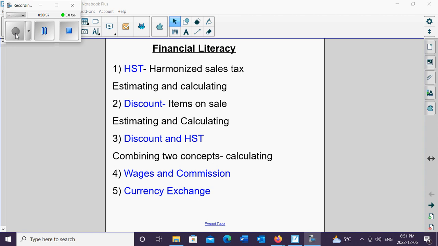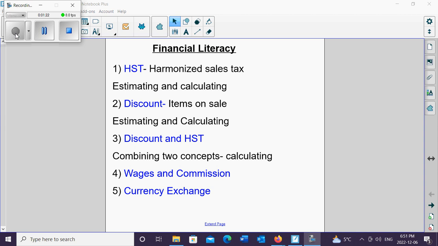Then we move on to wages and commission. Commission is a different type of wage or money that you earn based off of a percentage of things you sell. Wages is basically how much you get paid an hour, or some people are on something called salary, but we didn't do any of that. And we also discussed the idea of overtime and time and a half, and all of that will be in your wages and commission.